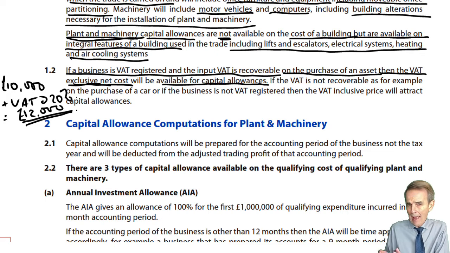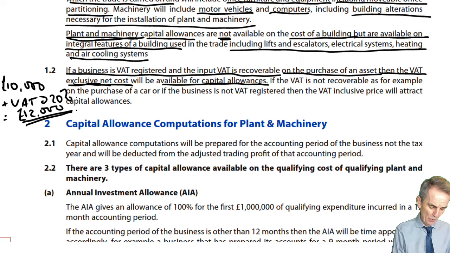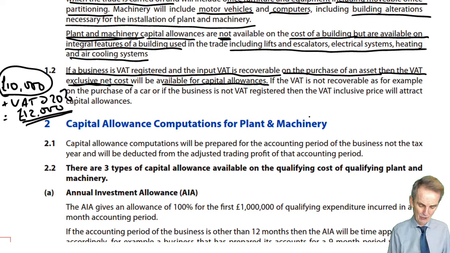You don't have to worry about how that VAT system works, not yet anyway. That awaits you in chapter 25. So if we are VAT registered and able to recover that input VAT, we will get capital allowances on the net cost of £10,000.